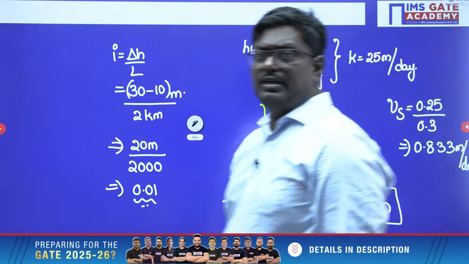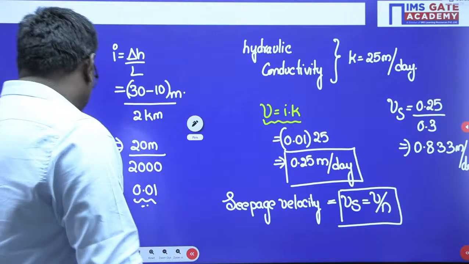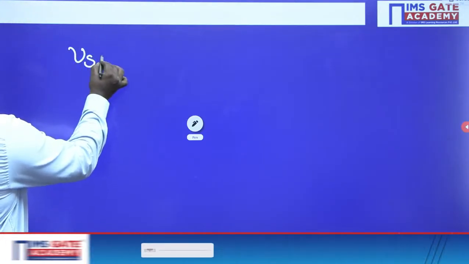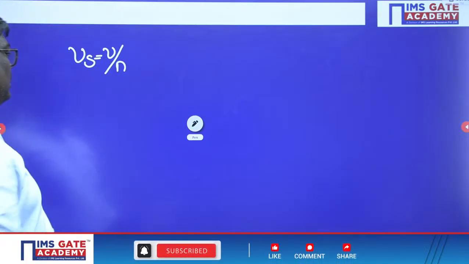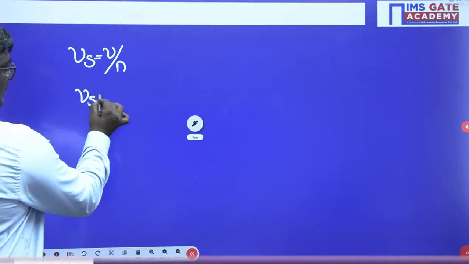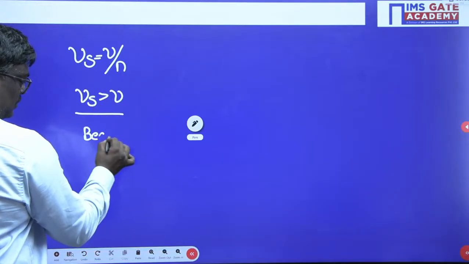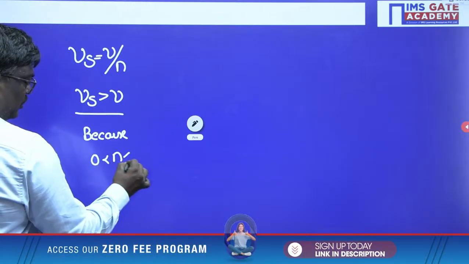Now here I would like to tell you one important concept. Seepage velocity is equal to V by n. Seepage velocity is always greater than the actual velocity because the porosity range is between 0 and less than 1.